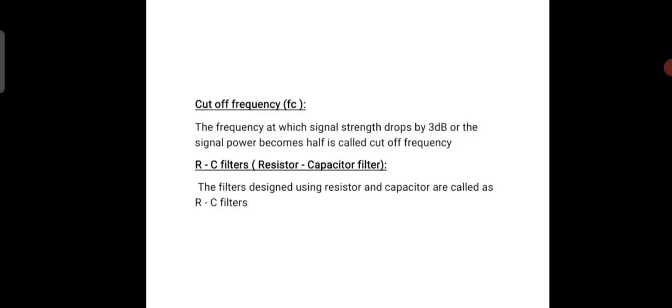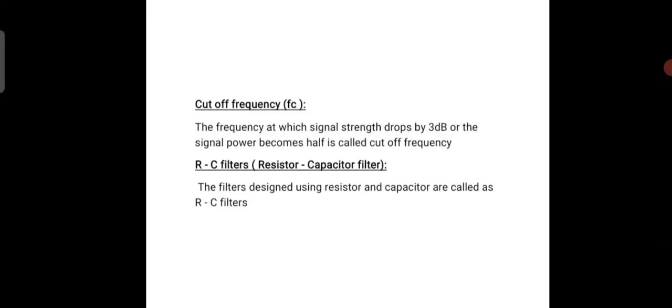Then if the output voltage drops by 3 decibel, or the signal power of that output reduces to half of the maximum value, the maximum value is lost by half. In a particular way, it is said that the strength of that signal drops by 3 dB.